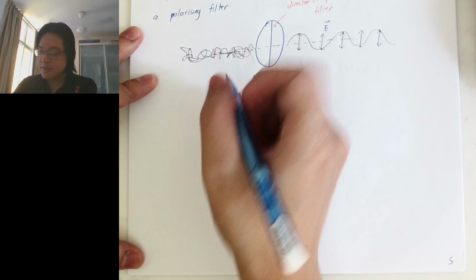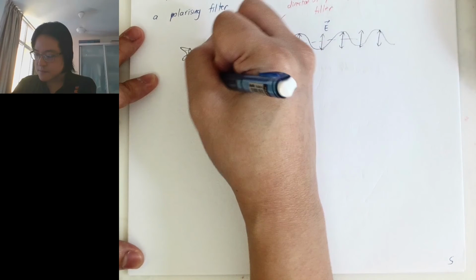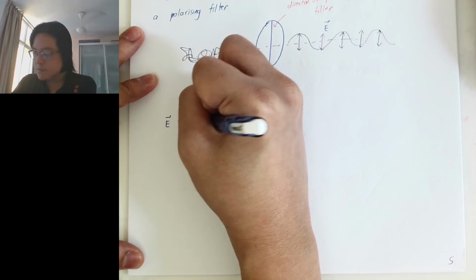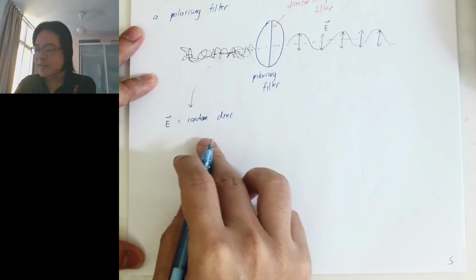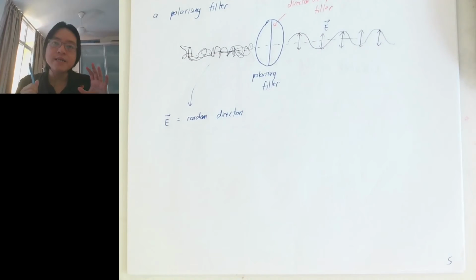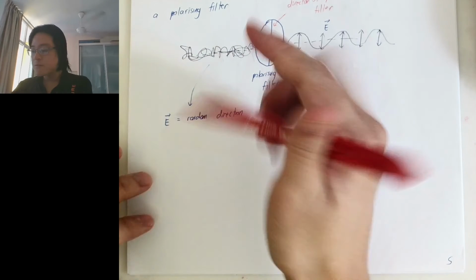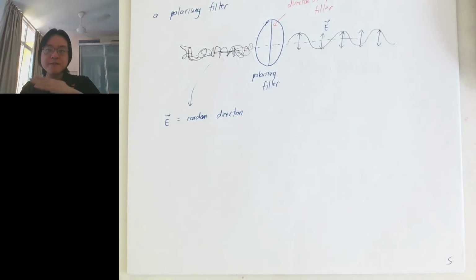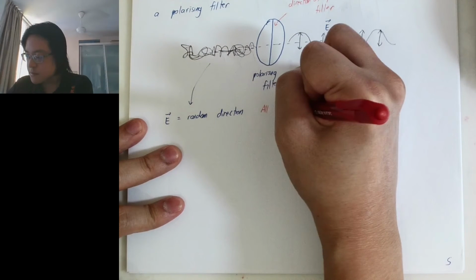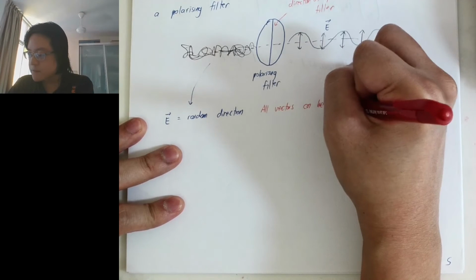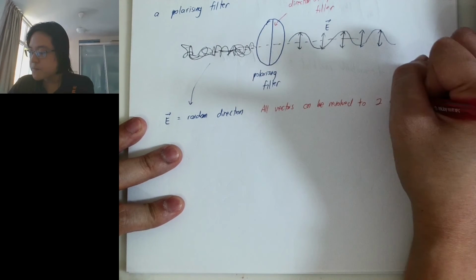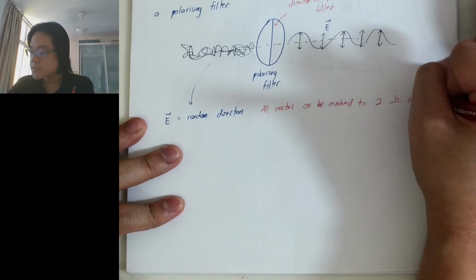Initially, this light has a random direction. How can we study this random direction? Because it is a vector, we can take advantage of that. No matter what random vector, a vector is still a vector, and all vectors can be resolved into two perpendicular components.